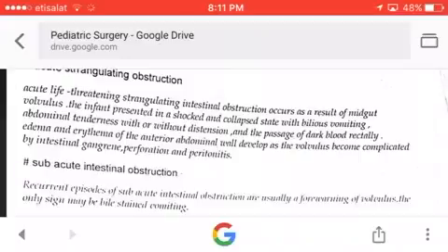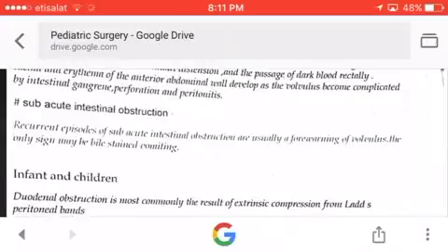Subacute intestinal obstruction. Recurrent episodes of subacute intestinal obstruction are usually due to the volvulus. The only sign may be bile-stained vomiting.